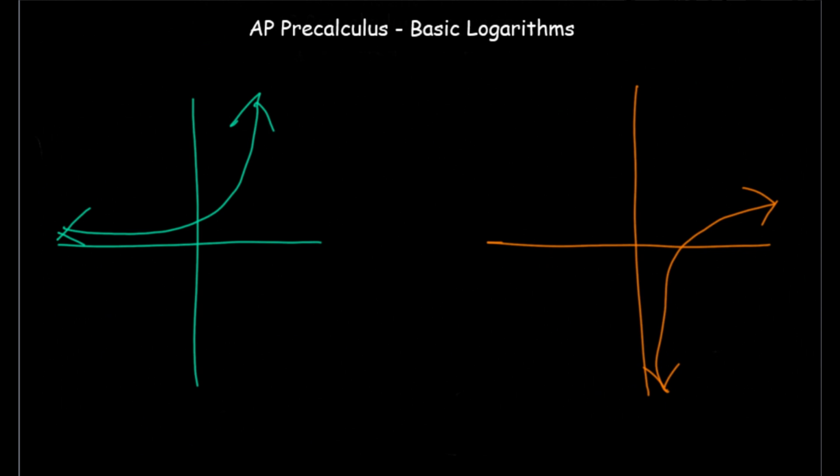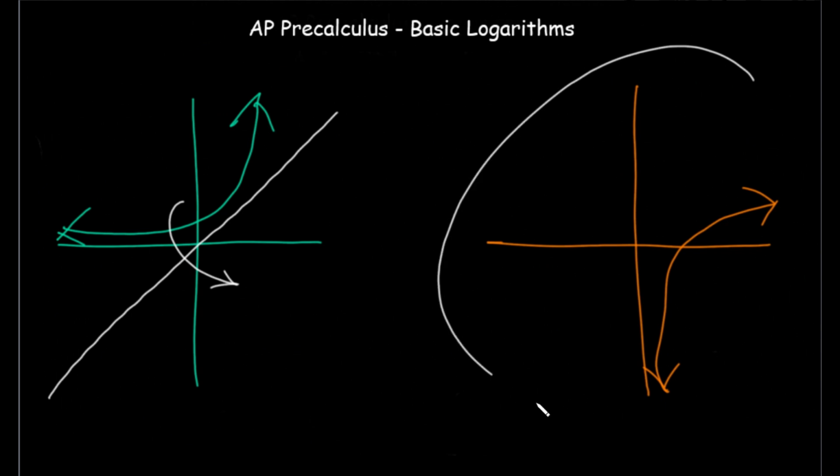So when finding the inverse of a function graphically, you just have to reflect it over y equals x, right? You want to reflect it over this white line. So when you reflect it over this, you'll end up getting this graph.